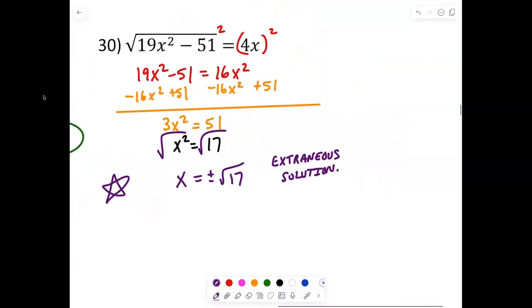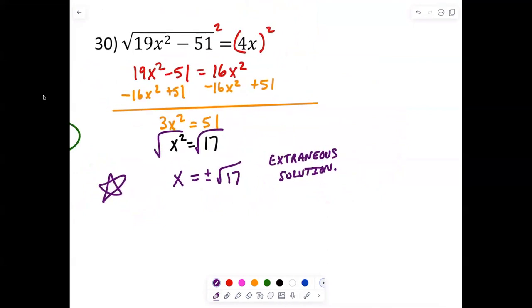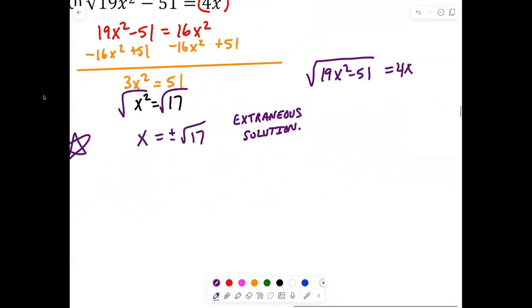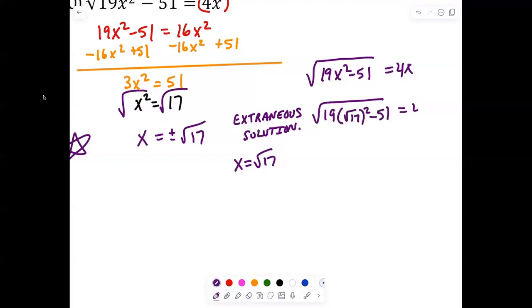So I'm going to come over here. I just want you to watch. The square root of 19x squared minus 51 equals 4x. I'm going to let x equal the square root of 17. Please just look up. So I'm going to put the square root of 17 in here. So I'm going to get the square root of 19 times the square root of 17 squared minus 51 equals 4 radical 17.